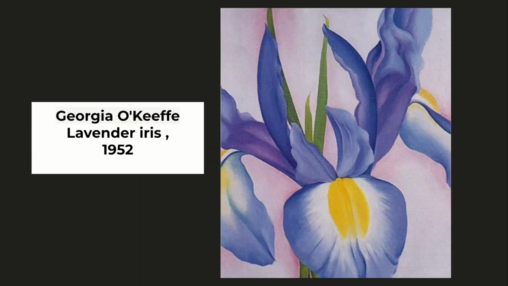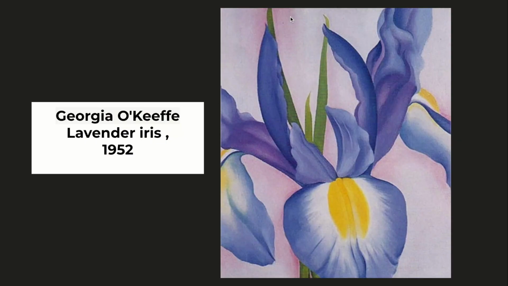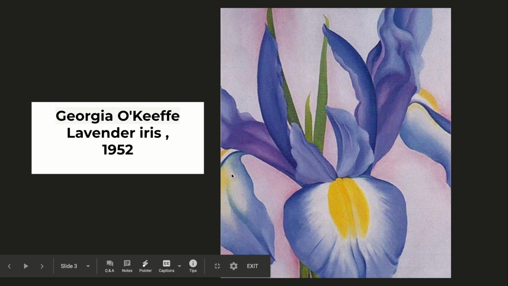This is actually one of my favorites because I love irises and I really love the colors she used in this one. But you can see, compared from the last one to this one, she comes in and she's actually cropping and zooming in even more to this flower. So you can see she cut off some of the petals and you only see the main part of the flower on this one.